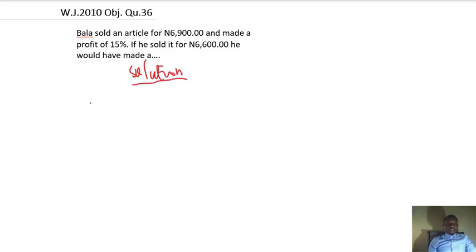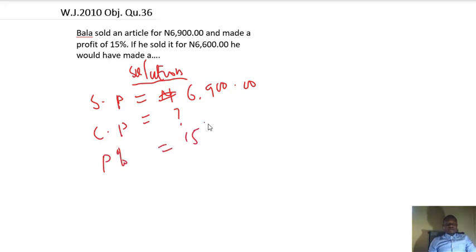So we are seeing that Bala sold an article. So the selling price of the article is 6,900 naira, and what will be the cost price for the article? We don't know. And he made a profit percent of 15.